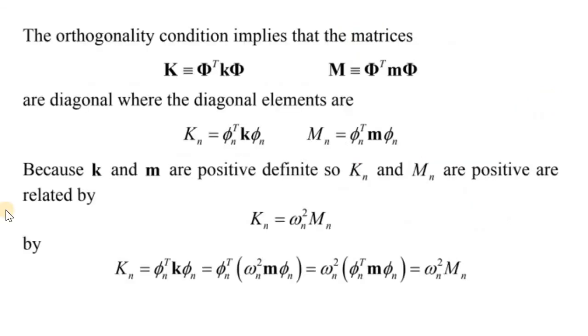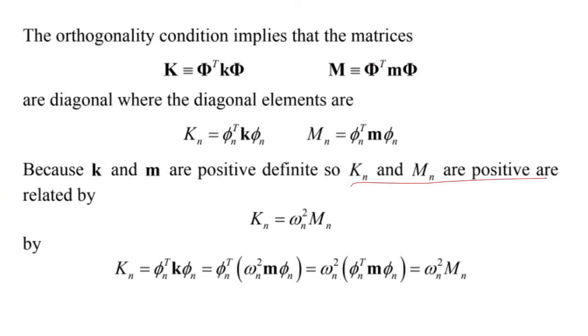Now the orthogonality condition implies that the matrices Kn equal to phi transpose K phi, and Mn equal to phi transpose M phi, are diagonal, because K and M are positive definite. So Kn and Mn will be diagonal. While doing some problems it will be more clear to you.